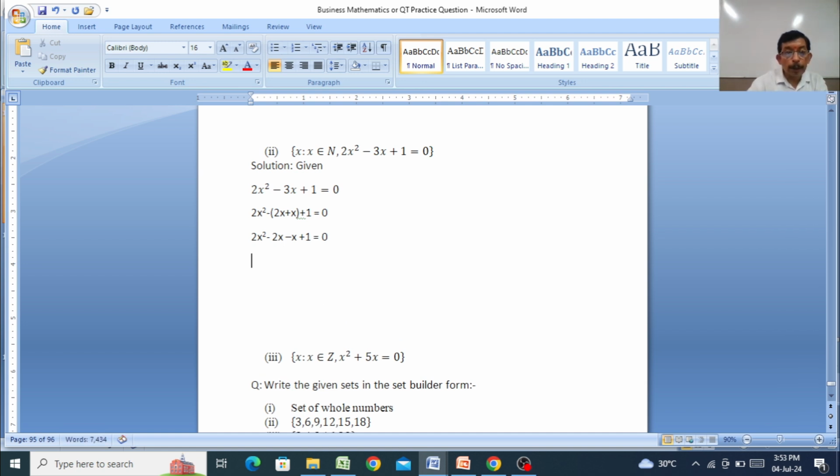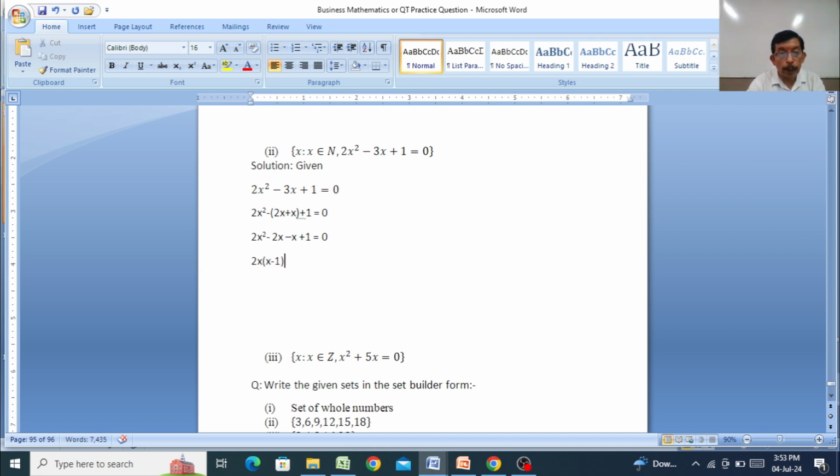Now simplify, taking 2x common from the first two terms, the bracket remaining is x minus 1.